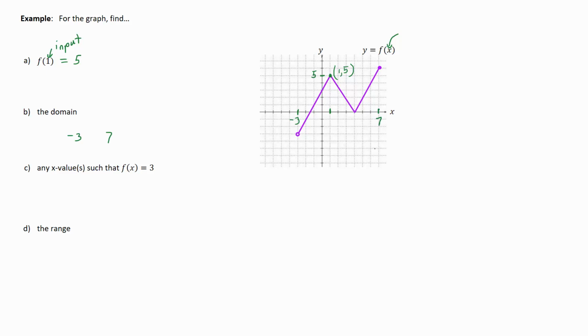Okay, so we're going to write the domain using inequalities because we can't go by ones in this case. It contains all the x values in between -3 and -2, as well as -2. And it contains all the values in between -2 and -1. So you can't just list the domain values like we did in the last example. We have to use inequalities here.